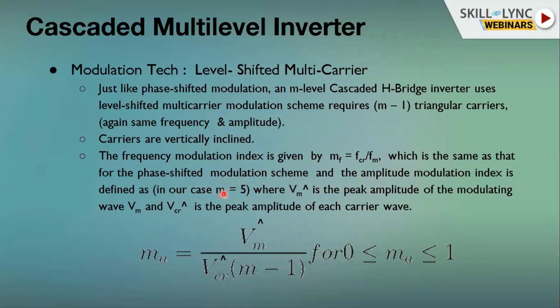The amplitude modulation is defined, say, for one specific case shown in the result table, M equal to 5, where Vm caret is the peak amplitude of the modulating wave Vm, and V carrier caret is the peak amplitude of the carrier. The modulation index is given by the peak of the modulating wave divided by the peak of the carrier wave times M-1.